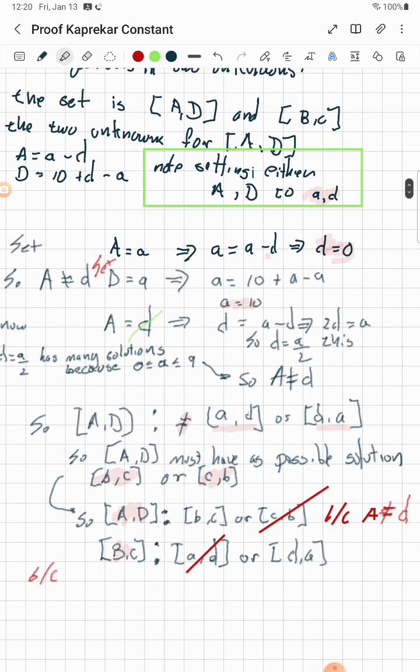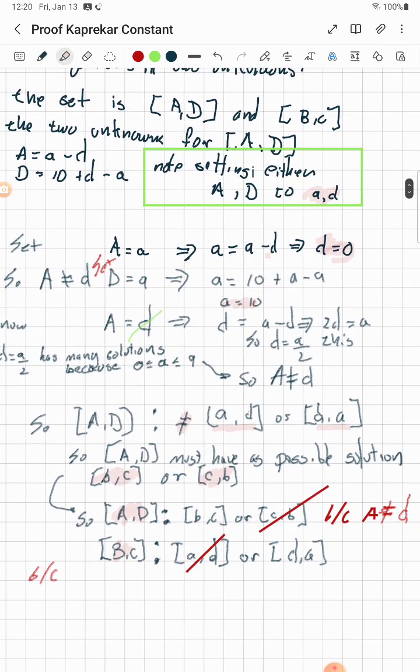And so A is not equal to D is what it's saying. So what we've got left is that the solutions for BC must be assigned DA, and the ones for AD must be assigned BC. Okay, so I'll show you how that comes in.